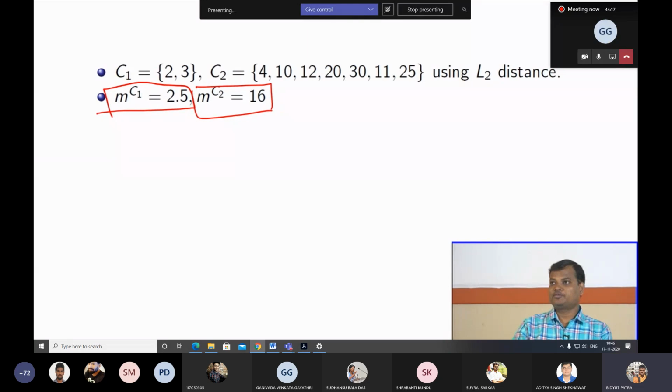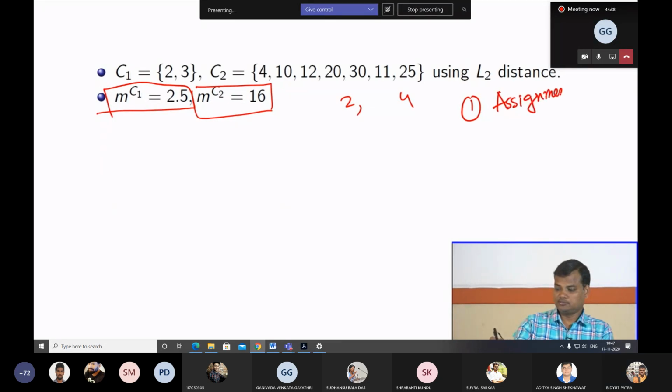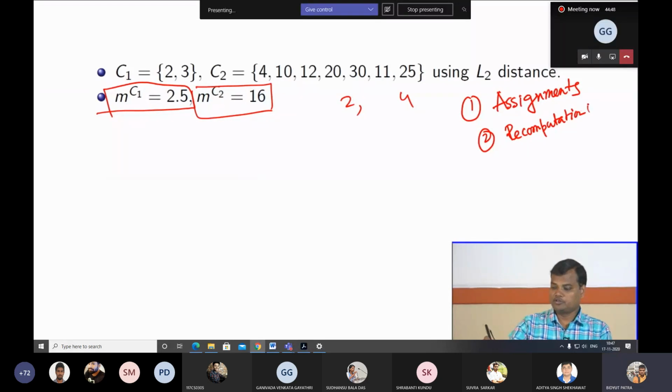Next, what is the next step? You have to check whether there is any change of centroid. Earlier the centroids were 2 and 4. Now the centroids are different, so the centroid has changed. Therefore you have to repeat the two-step algorithm: first the assignment, second the recomputation of centroids.